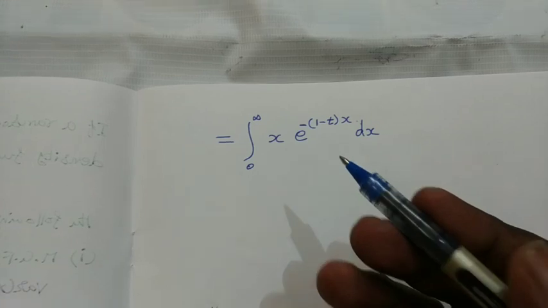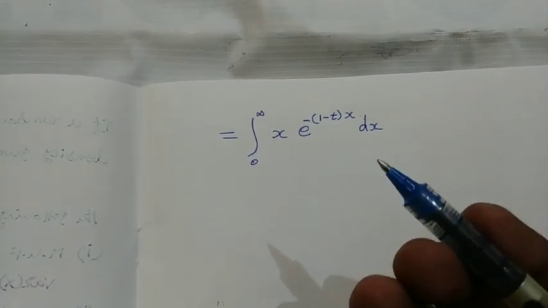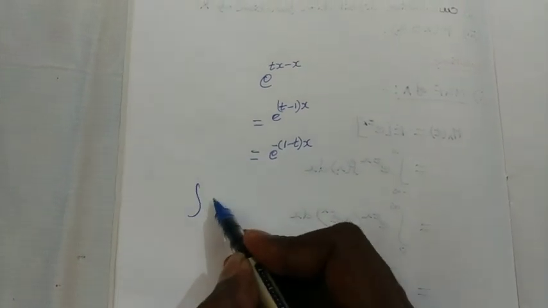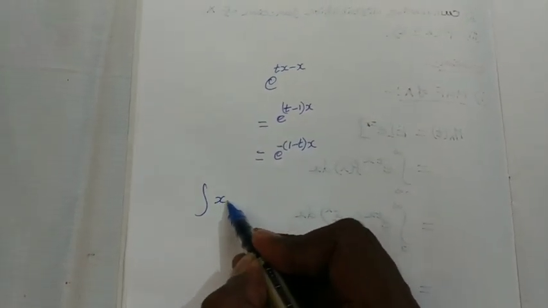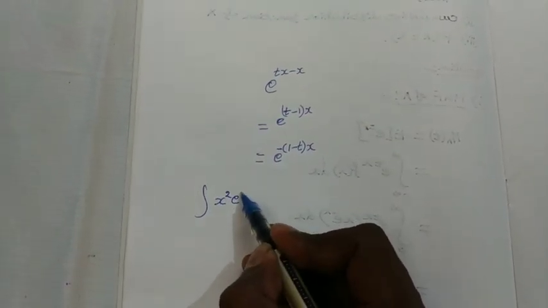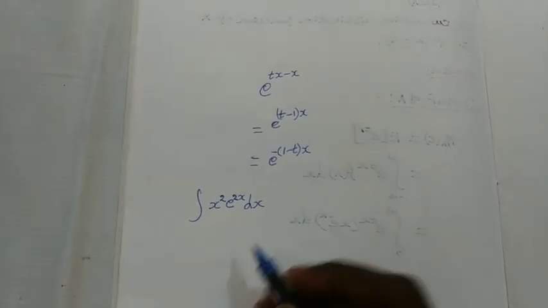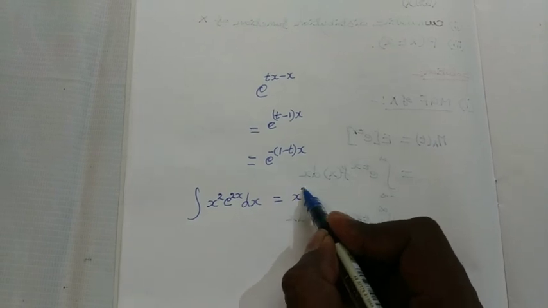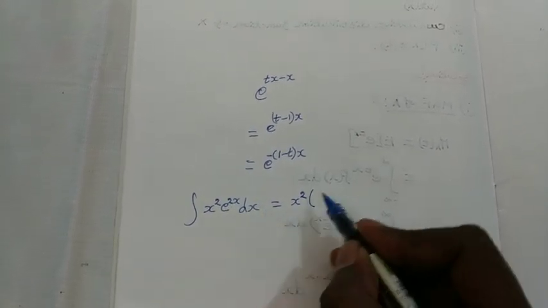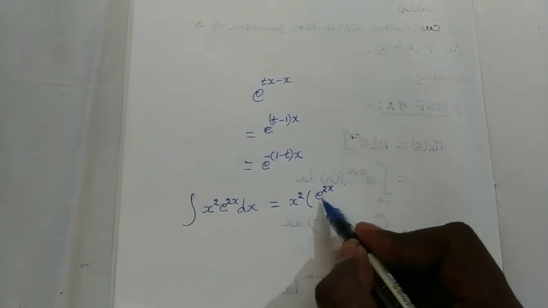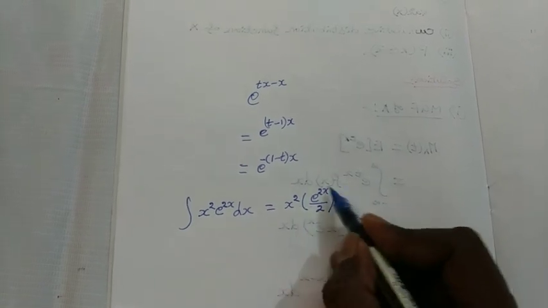To integrate this, I want to apply Bernoulli's method. What is Bernoulli's method? It is for the product of two terms, suppose x square into e power 2x. To apply Bernoulli's method, take the algebraic term first, integrate the remaining term, e power 2x by 2, first term positive.